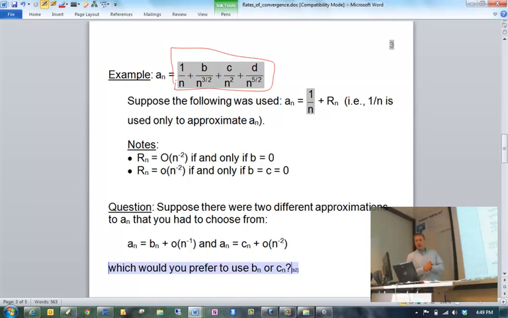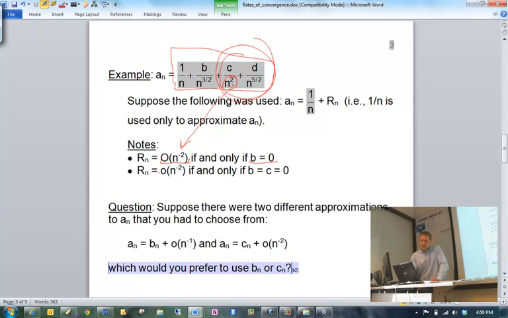This remainder term, then, you could say is big O 1 over n squared if b is equal to 0. So if you only had to worry about this, notice the main thing, the thing that's most important here, the n squared. So that's why that part there is bounded by a constant c.